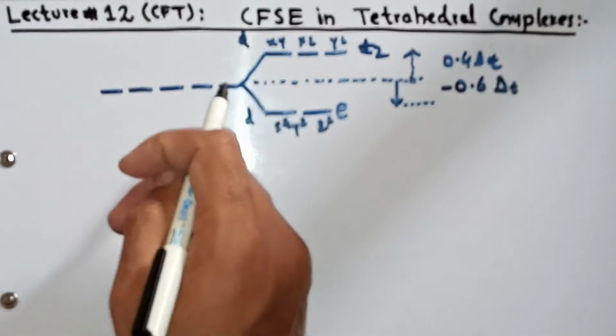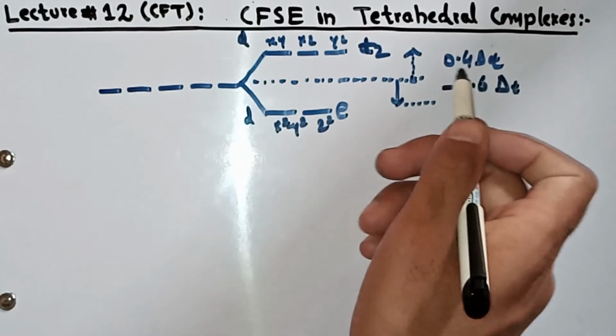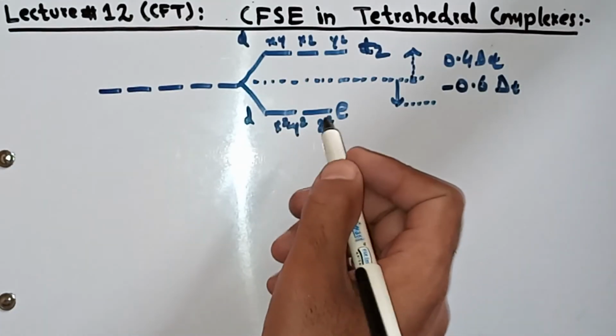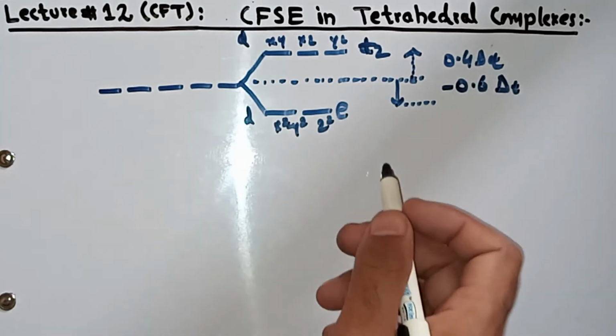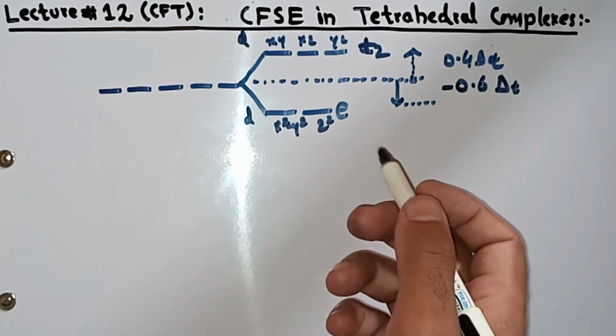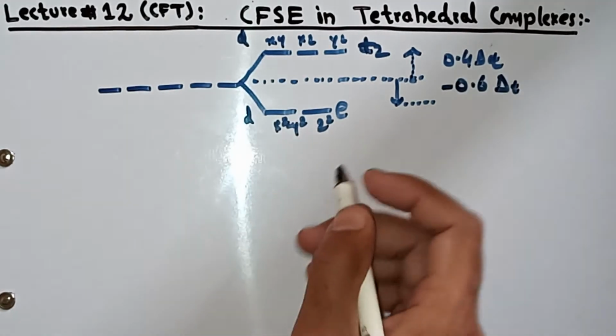The energy of T2 is increased by 0.4 delta t, while the energy of the E set is decreased by 0.6 delta t. Is it clear?